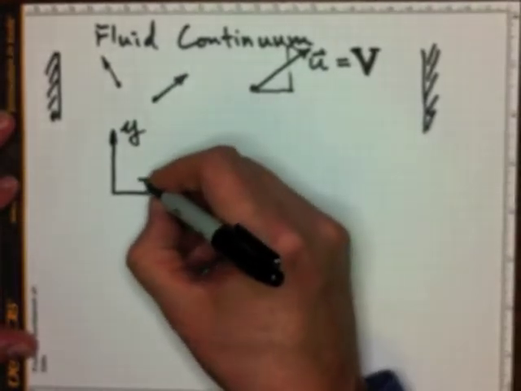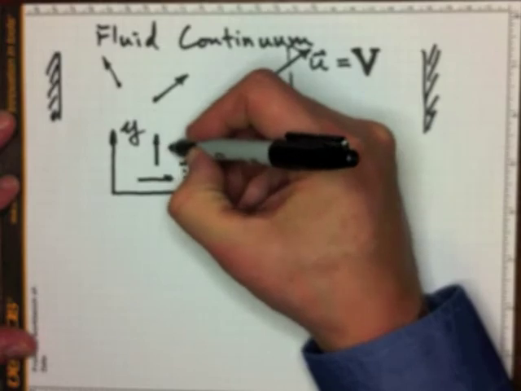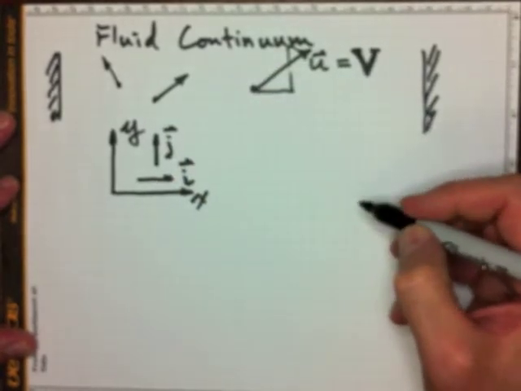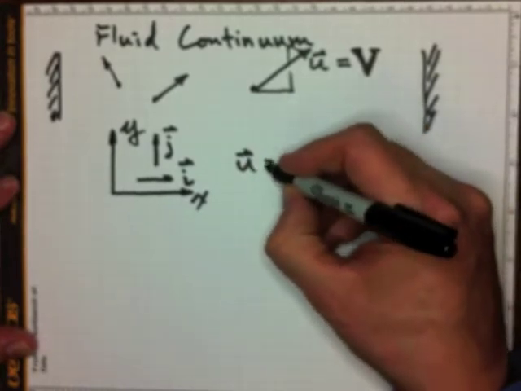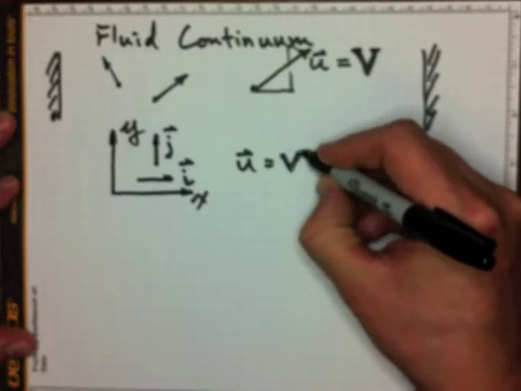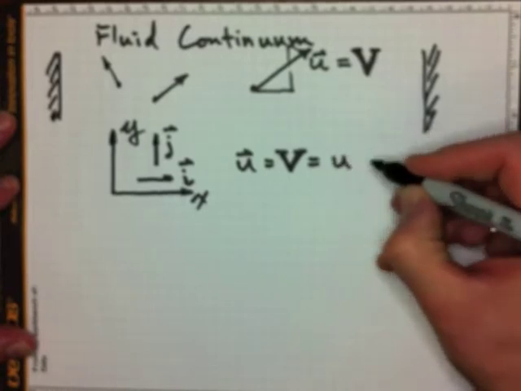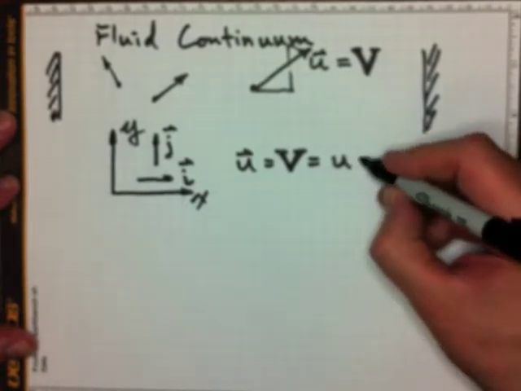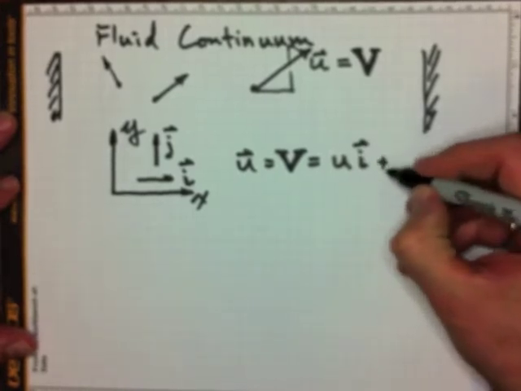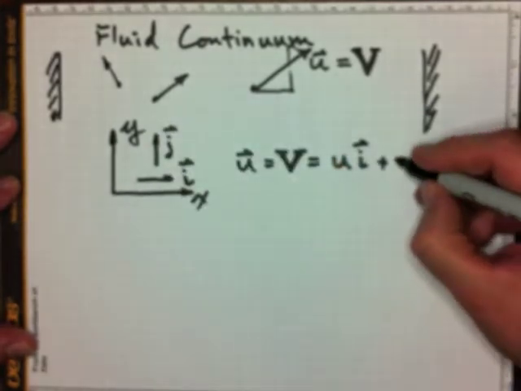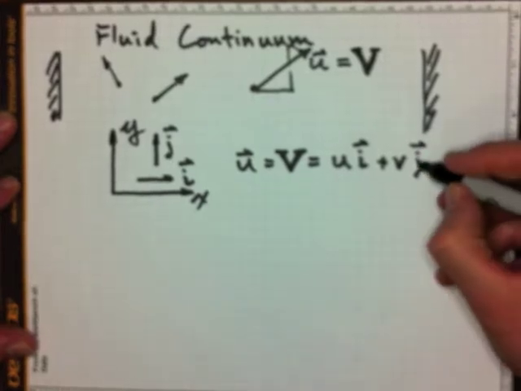We have unit vectors i in the x direction and j in the y direction, and we'll write our velocity, either a lowercase u with an arrow or an uppercase bold-faced V, as equal to a component in the x direction, so some value u times the unit vector in the x direction, plus a component in the y direction, some value v times j, the unit vector in the y direction.